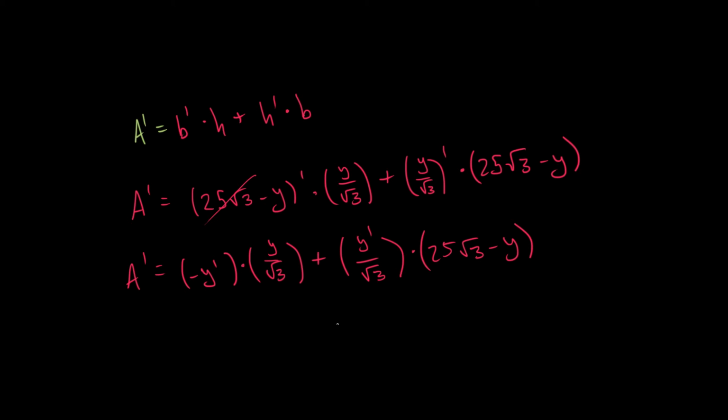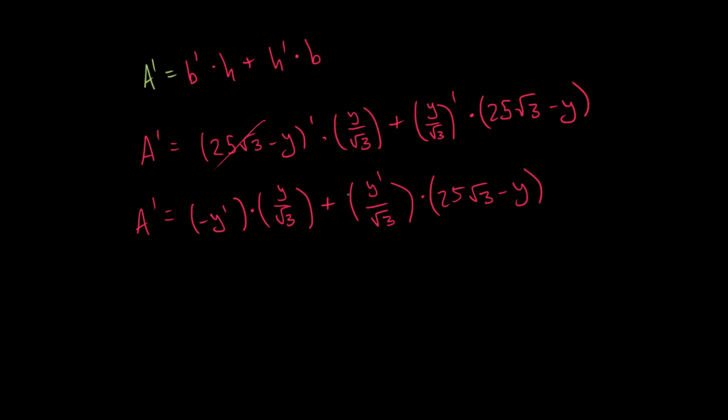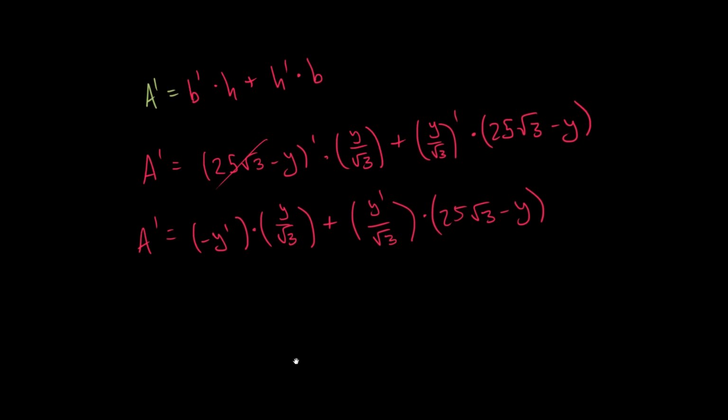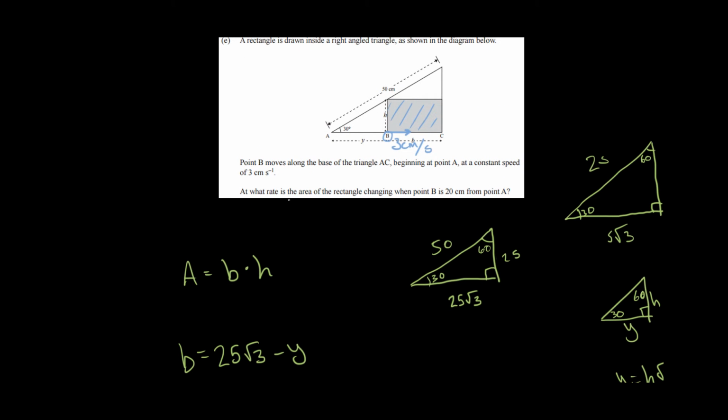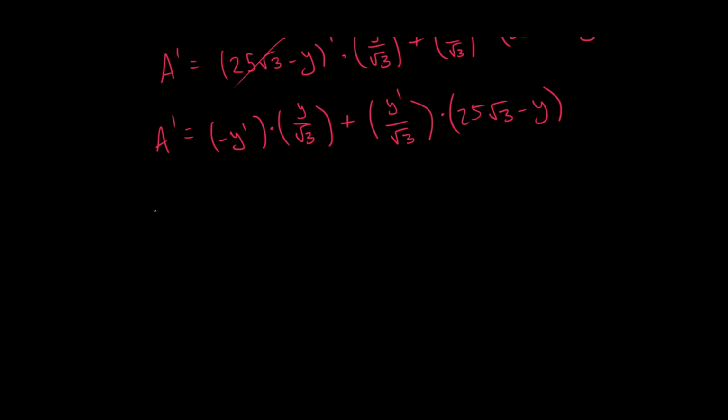Now that we have our equation for the rate of change in area, we have to figure out what we plug in for Y. The problem says, at what rate is the area of the rectangle changing when point B is 20 centimeters away from point A? So when the distance from A to B is 20. That's pretty much just saying when Y equals 20. So we're going to evaluate at Y equals 20.